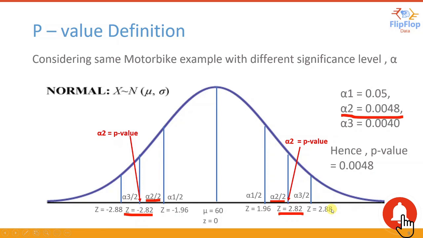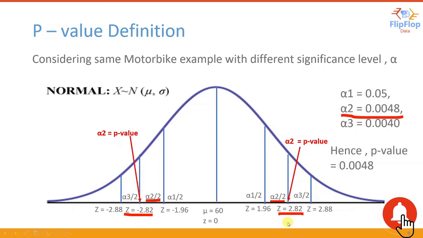Now comes the third case where I am considering alpha as 0.0048. The computed Z score in this case is 2.82 and the test statistic is 2.83, which is greater than 2.82. Hence, the test statistic lies in the rejection region, and once again our H naught is rejected.